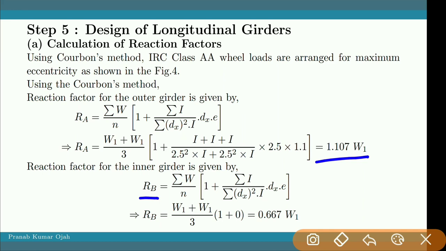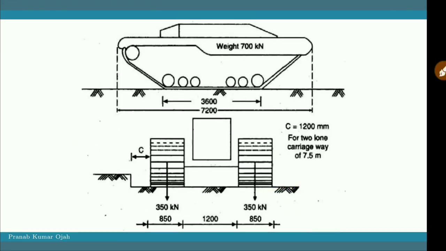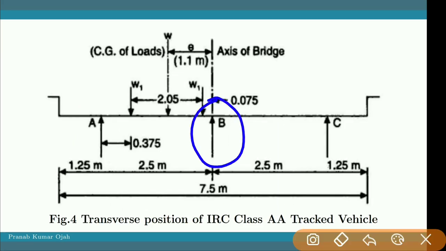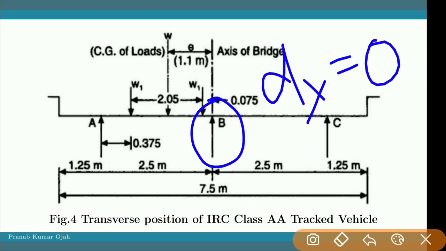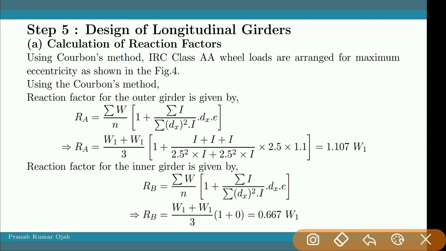Similarly, we have to calculate the reaction factor for the girder B. Here the difference is this term will be 0 because the girder B is located over the axis of the bridge. So for the girder B, dx is 0, so these terms come out as 0. After the simplification, RB equals 0.667 W1.